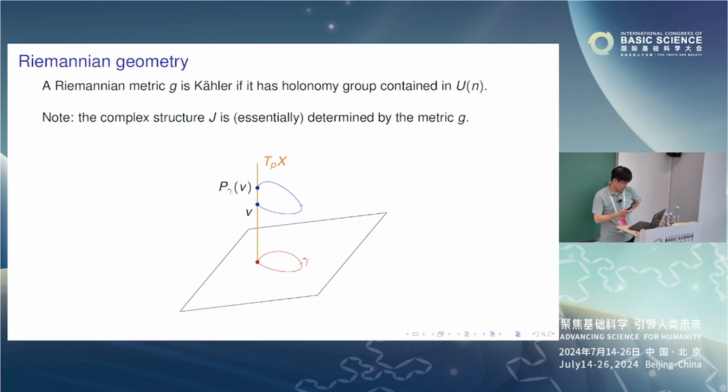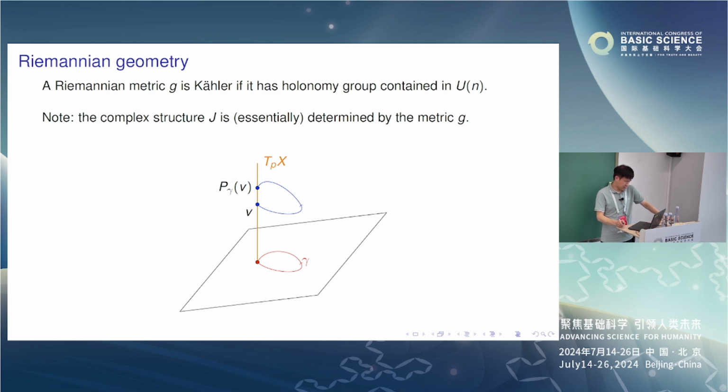If you collect the space of all such P_gamma for piecewise smooth loops gamma, then you get the holonomy group. It is a Lie group in general, and in general a subgroup of the orthogonal group. Kahler means that it is a subgroup of the unitary group.